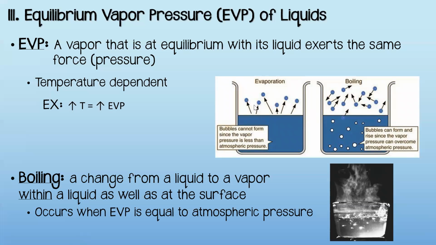So it's not just happening at the surface, it's actually happening within. And that's why boiling causes evaporation to happen a lot more readily. If you leave a pot of water sitting on the stove for 2 days, that water's still going to be there. The level just may have gone down a little bit. If you leave something boiling on the stove for more than a little bit of time, the water will be completely gone.